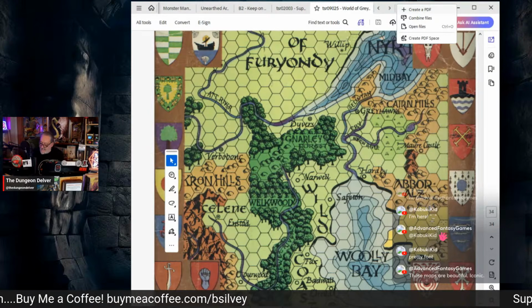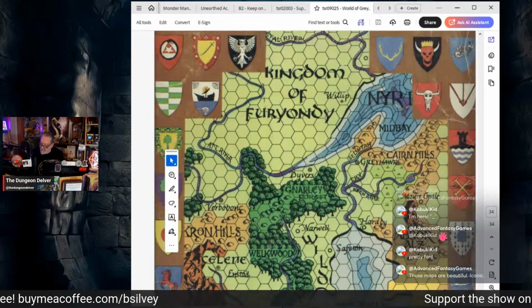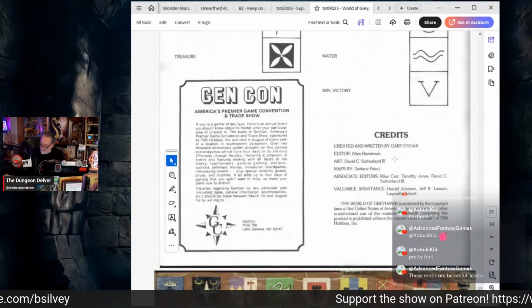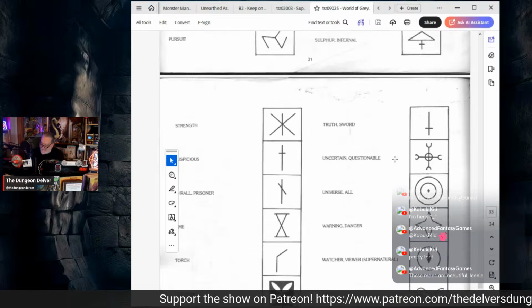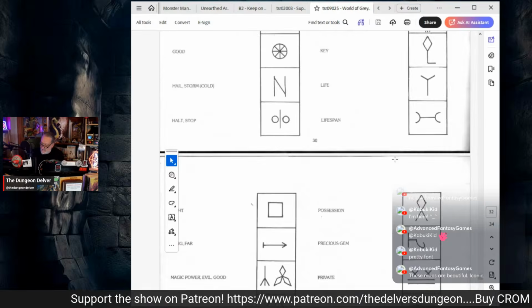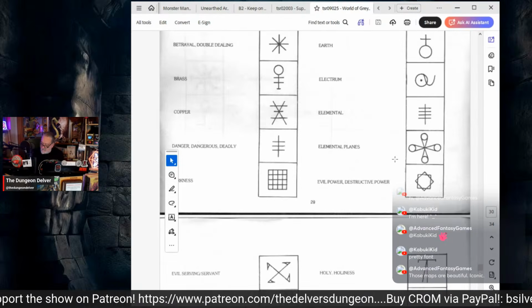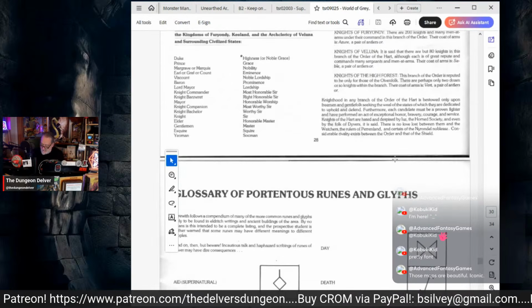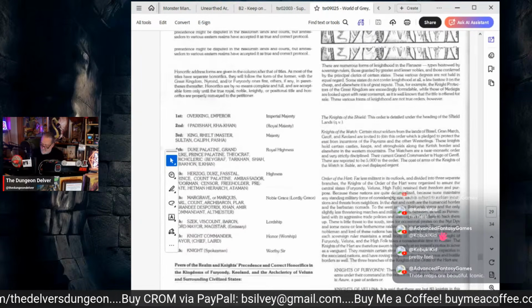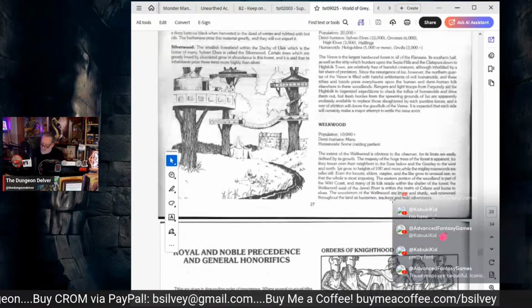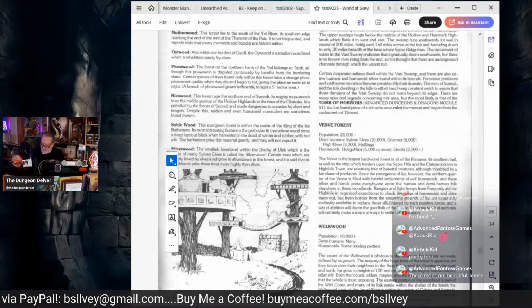I think this set does have adventure locations, but I'll have to double check. I might be wrong. If someone wants to bust my chops on that.